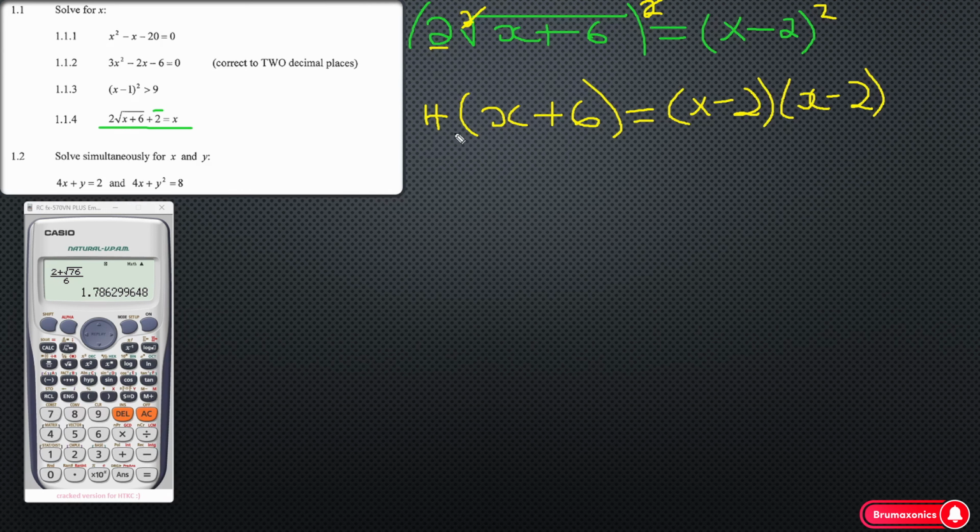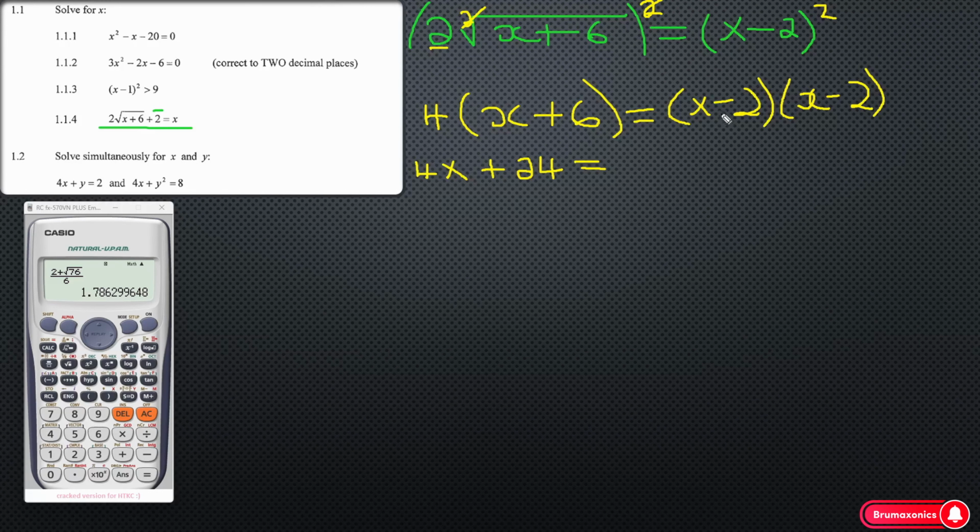So this means that we have what? 4 times x, that will be 4x. 4 times 6, 6 twice is 12, twice is 24. So this will be 24.